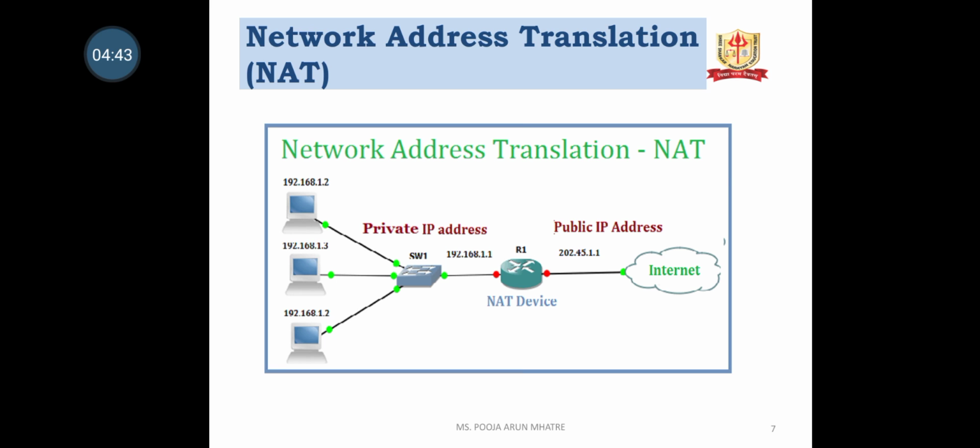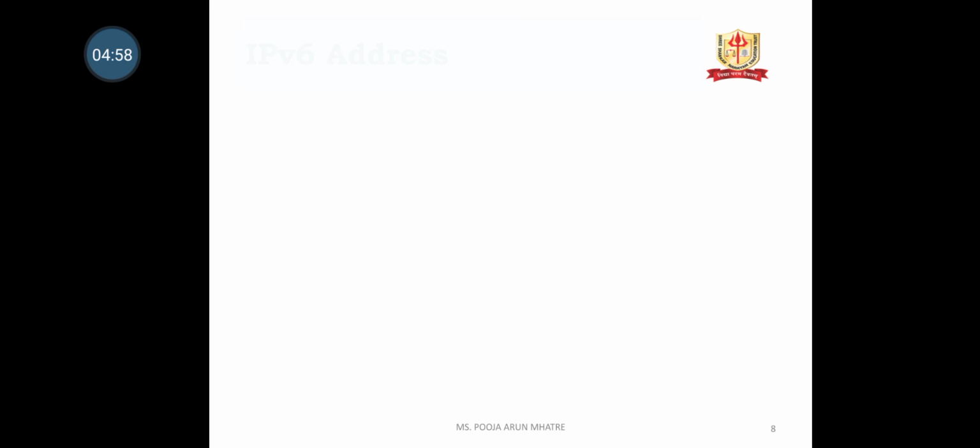A number of private IP addresses are connected to the switch, this is connected to the NAT device, and the NAT device is publicly connected to the internet using the public IP address.